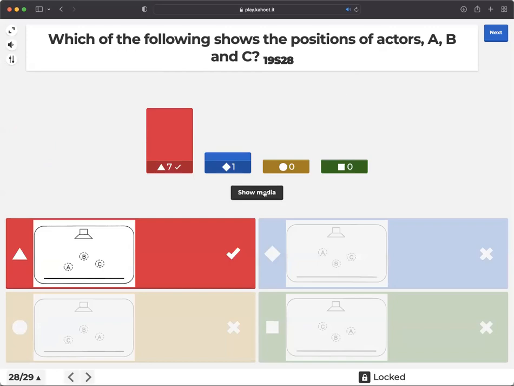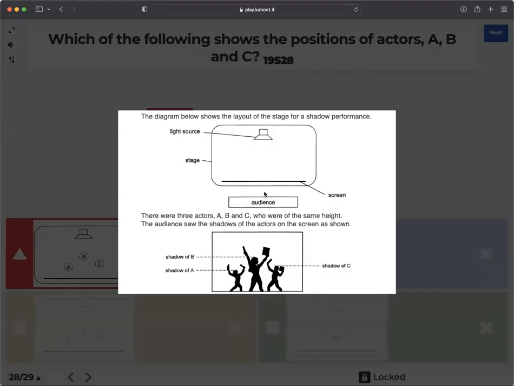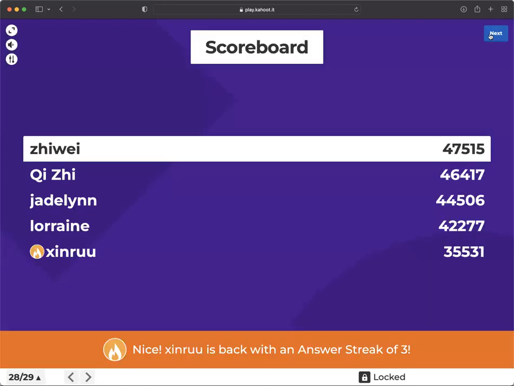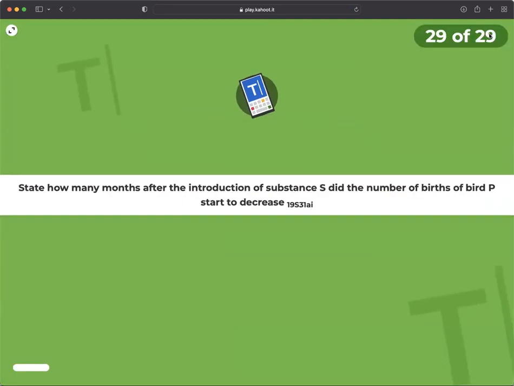Okay, don't need to explain. Okay, so all of you understand now. Hey, why you press wrongly? You all are still young, you all should see carefully. Okay, last question.